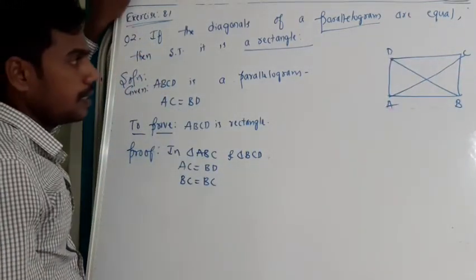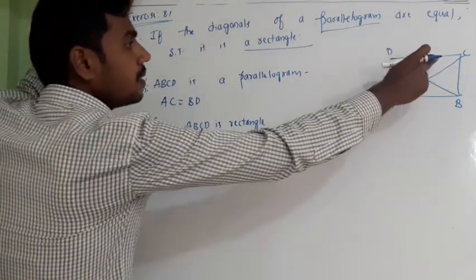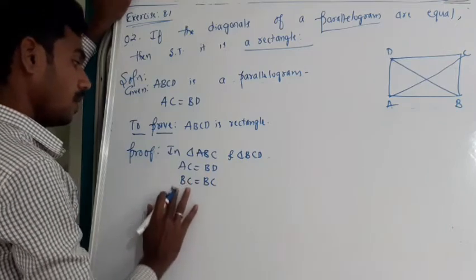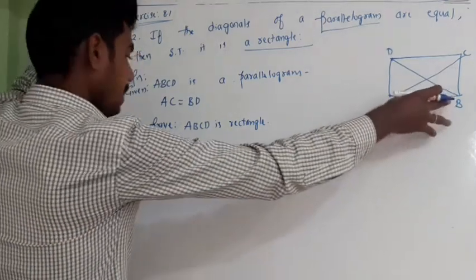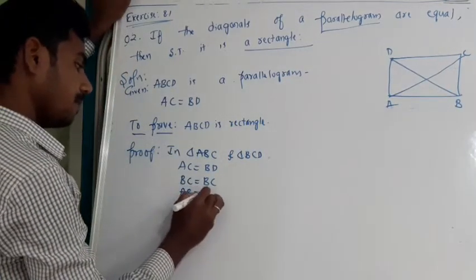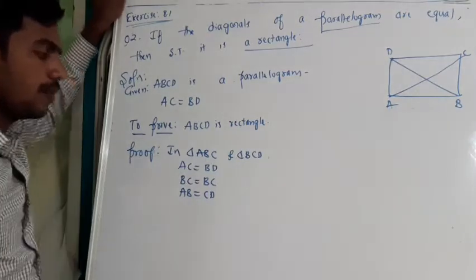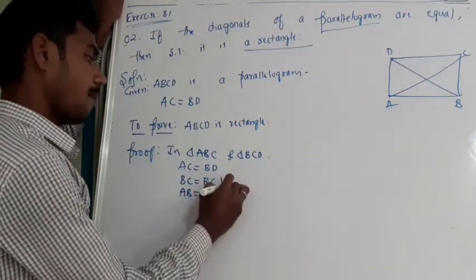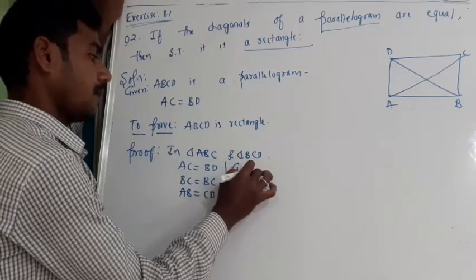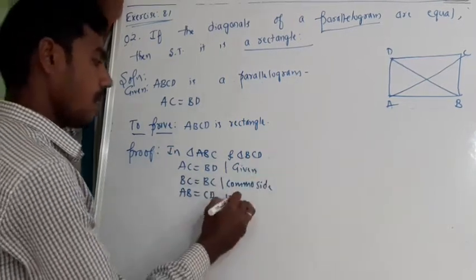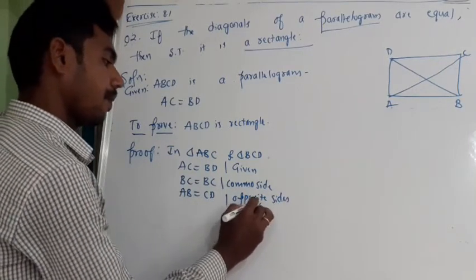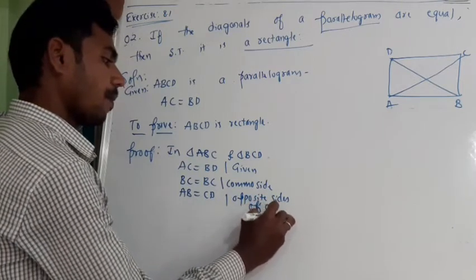And one more thing, I can write AB is equal to CD, because opposite sides of a parallelogram will be equal. AC equal to BD is given. And AB and CD are the opposite sides of a parallelogram.